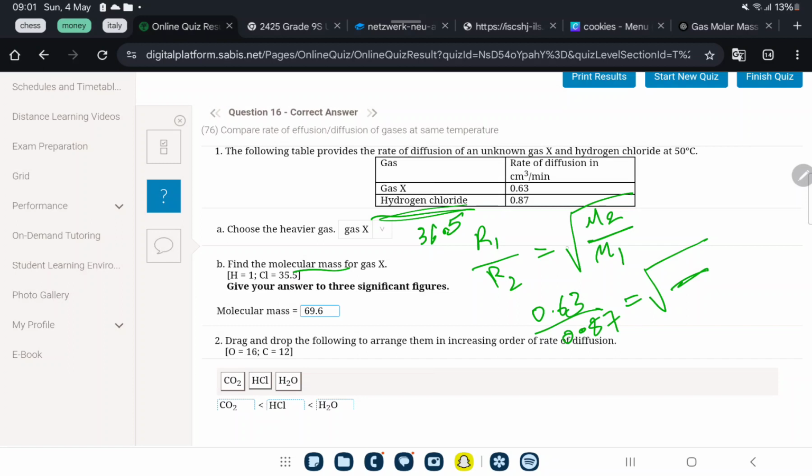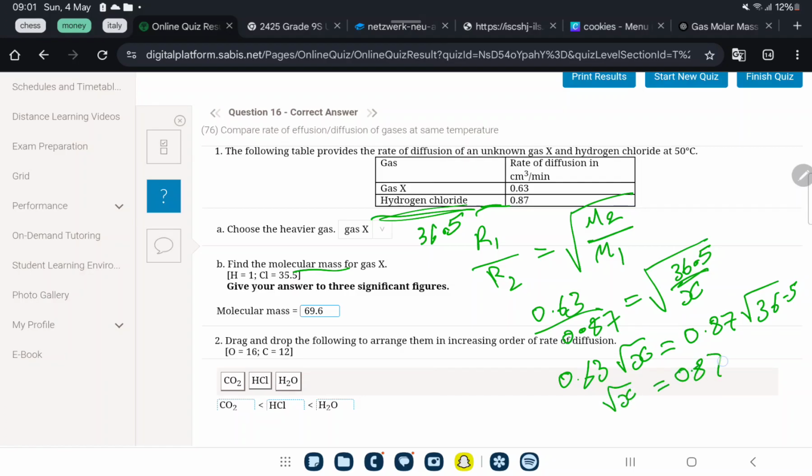So 2 is our hydrogen chloride, so 36.5 over X, cross multiply 0.63 radical X equals 0.87 radical 36.5. Solve for X, radical X equals 0.87 radical 36.5 over 0.63.